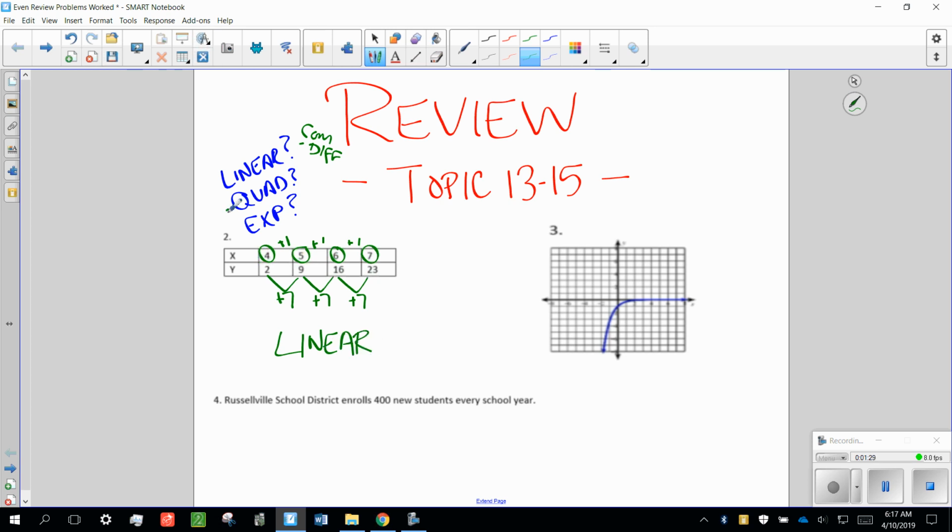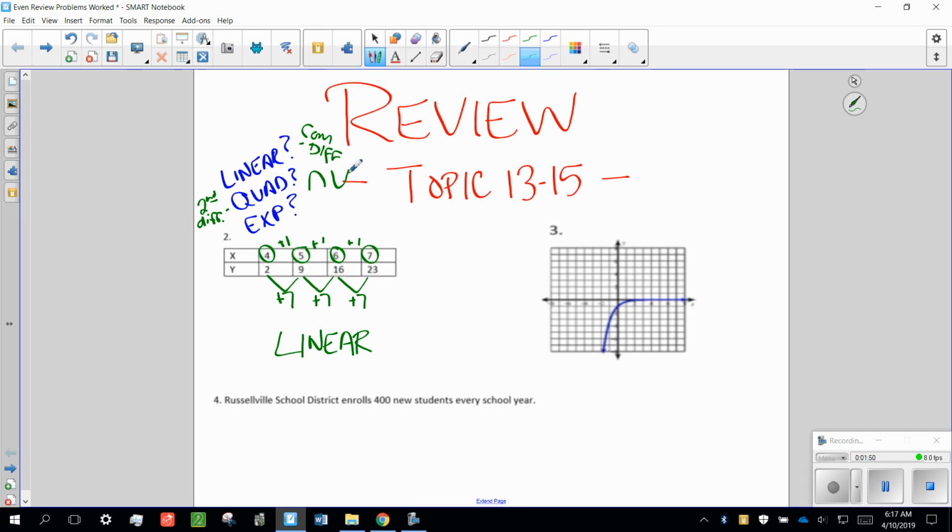Quadratic functions have a common second difference, and they're shaped like a parabola, either a frowny face or a smiley face. Spoiler alert, we don't have any here.